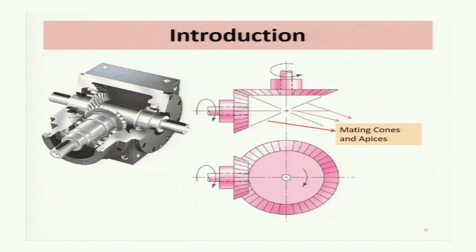This is the apices. The pinion is this one, the gear is this, and the axes are intersecting at this one. This is the angle between the axes, and this is the cone for the pinion, and this is the cone for the gear. The mating apices.